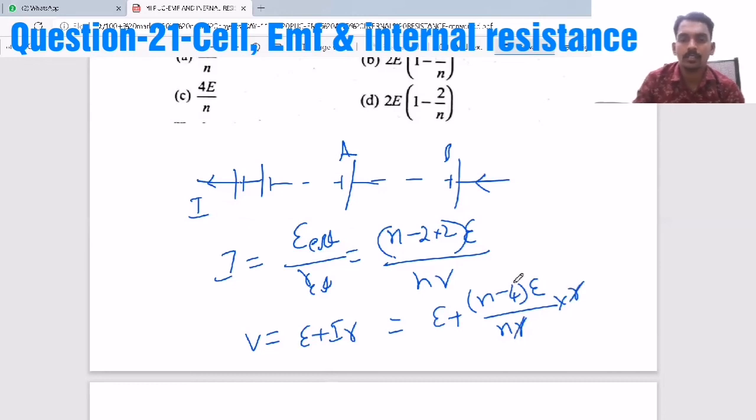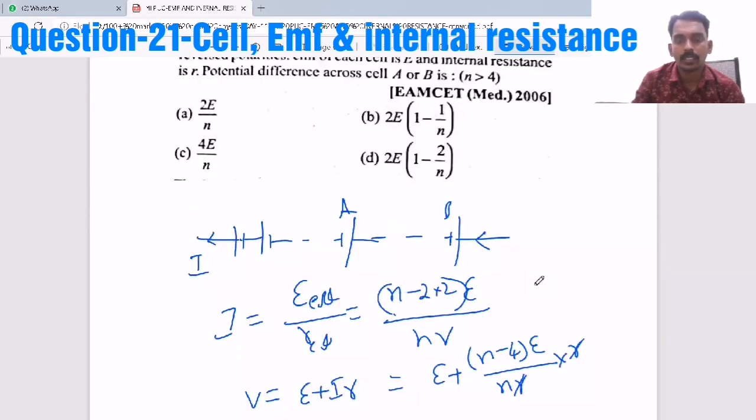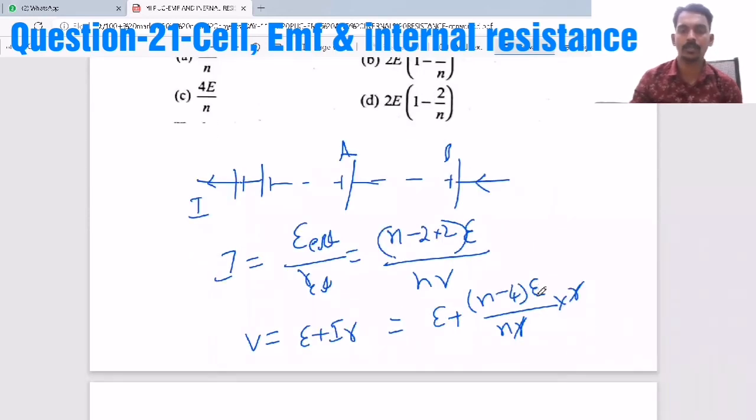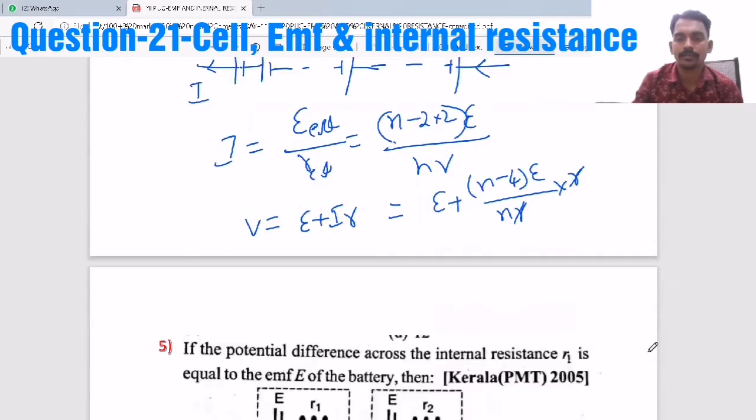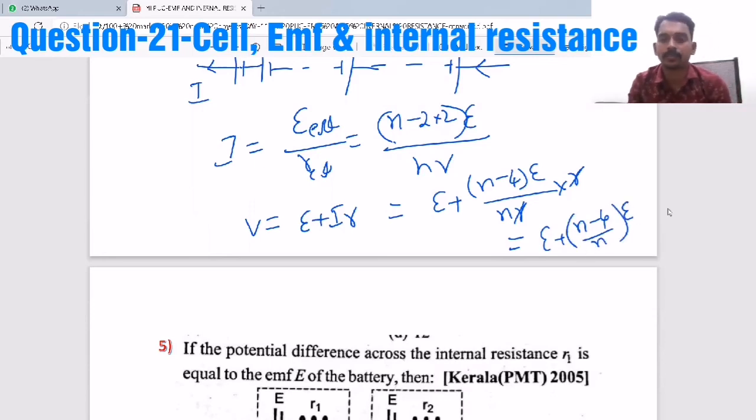So r cancels. Now if you take the equation, then you will get the answer: epsilon plus n minus 4 by n into epsilon.